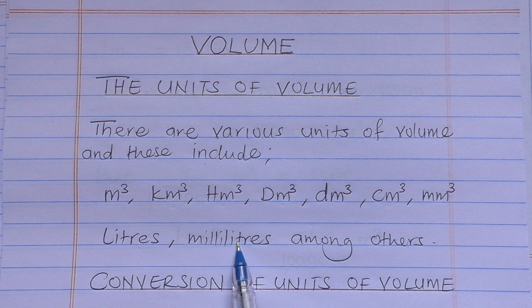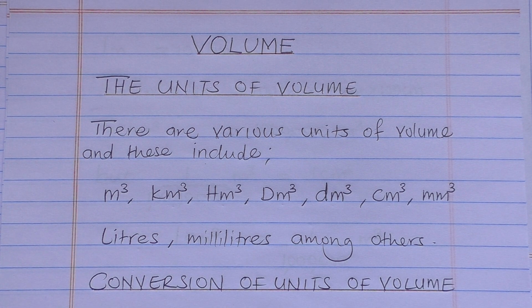Before we look at conversion, let us also look at how we measure volume. Volume is measured using various instruments. Among those, we have the pipettes, the burettes, the calibrated beakers, calibrated test tubes, volumetric flasks, among other apparatuses.